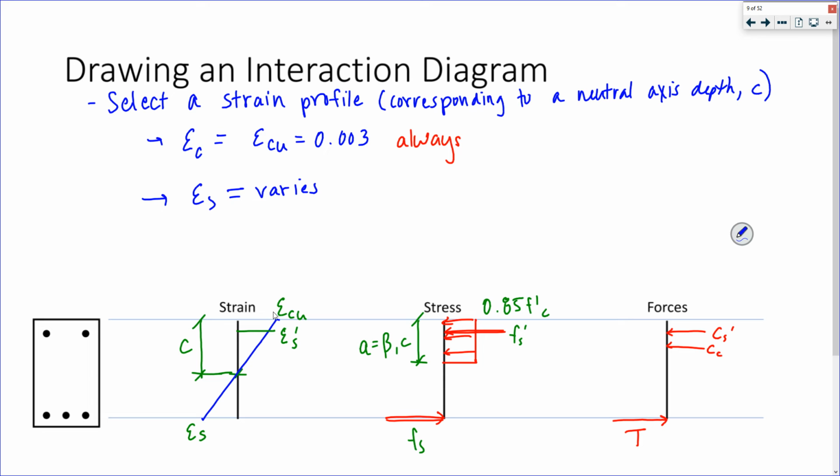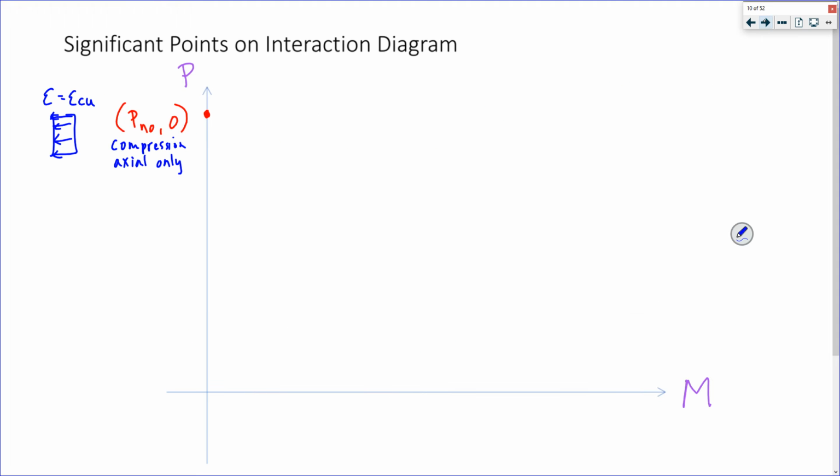Now I'm just making it ECU the entire way down. All in compression. The entire thing's in compression. It's at ECU because that is my ultimate strain in my concrete. So this will be your pure axial compression capacity.